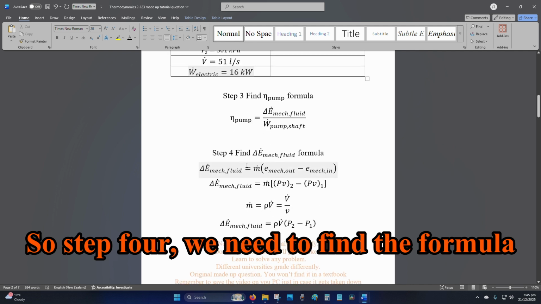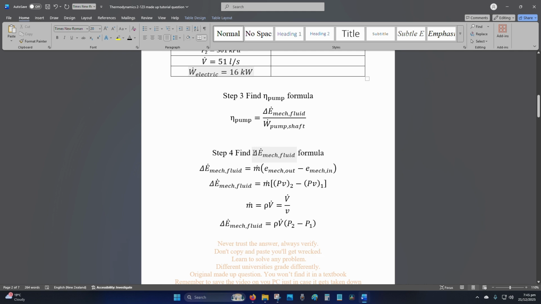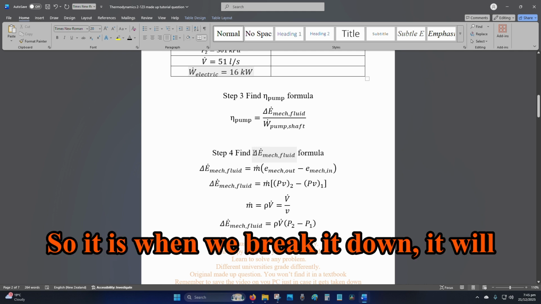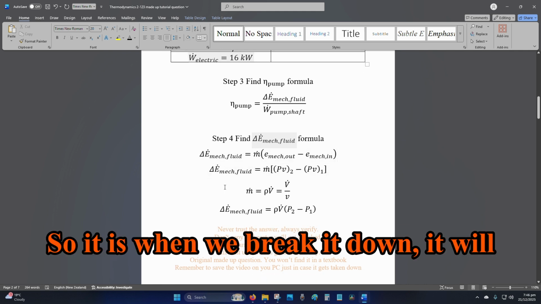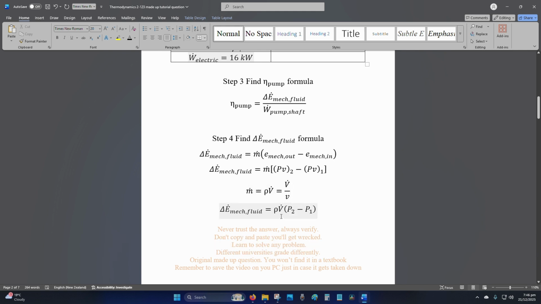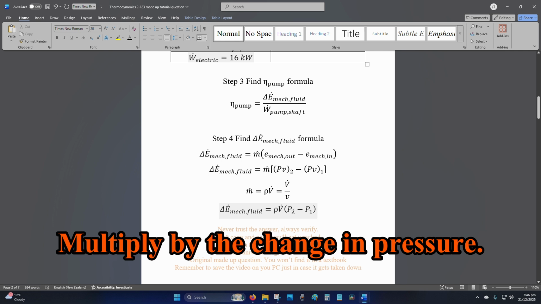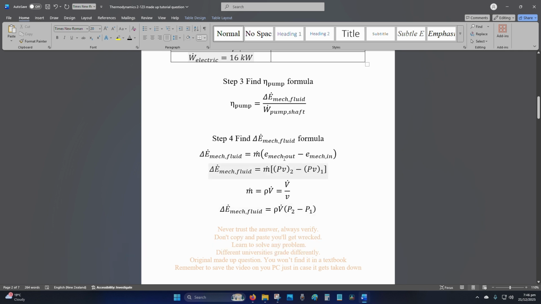So step 4, we need to find the formula for the mechanical power. When we break it down, it'll be density of water, because we're pumping water, multiplied by the volume flow rate, multiplied by the change in pressure.